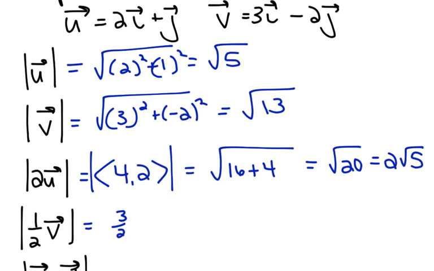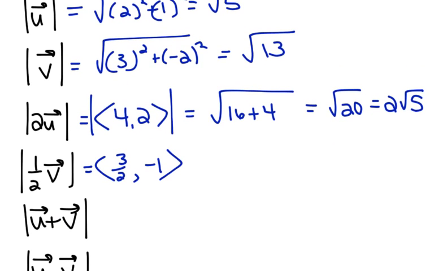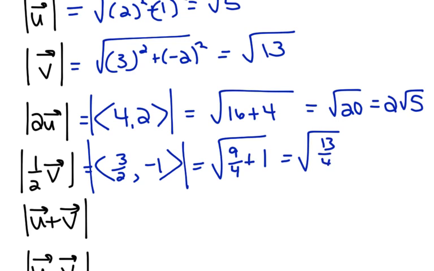It's going to be <3/2, -1>. Now I'm going to find the magnitude of it. So I'm going to do the square root of 9/4 plus 1, which is going to be the square root of 13 over 4, which is equal to the square root of 13 over 2.